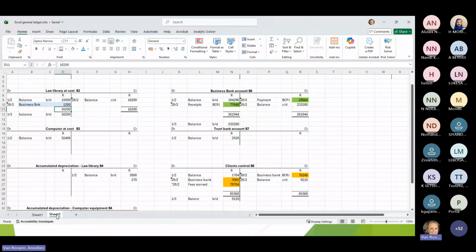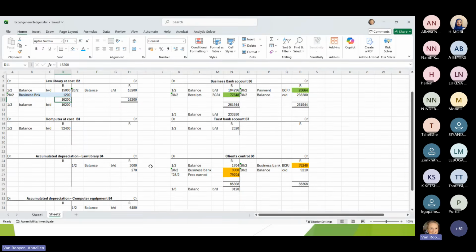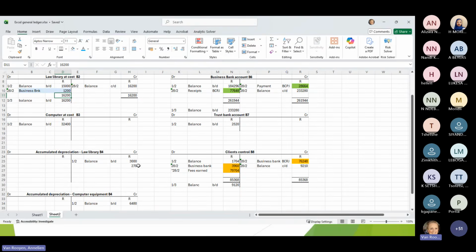Okay, work through your study material. You'll see the calculations in there. But this is where we got that from. So as you can see, it's a combination from the previous learning units included now when we do the general ledgers.